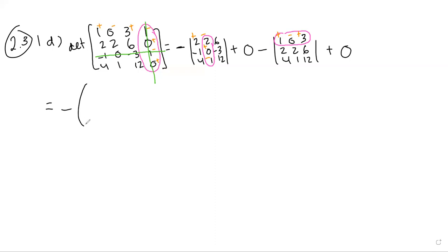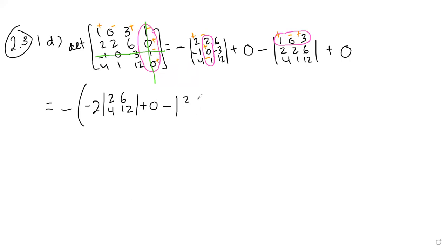And now I do my cofactor expansion for the 2 3x3s. So it's going to be -2, and then times the resulting 2x2 matrix, which is 2, 6, and 4, 12. And then I'm going to go down, so plus 0. And then minus the resulting one when I cross off that 1.